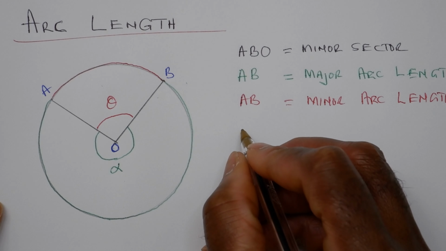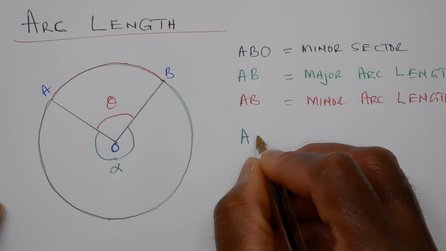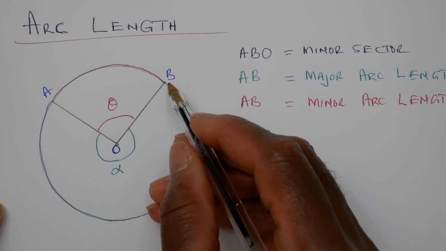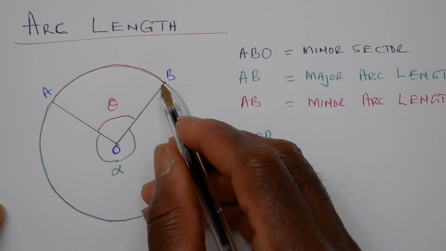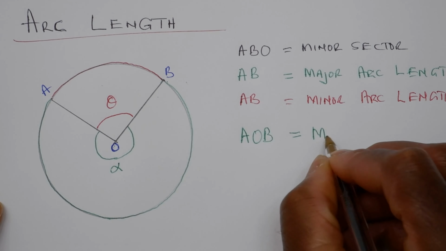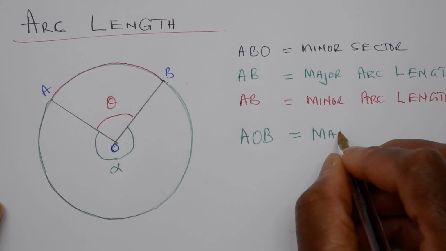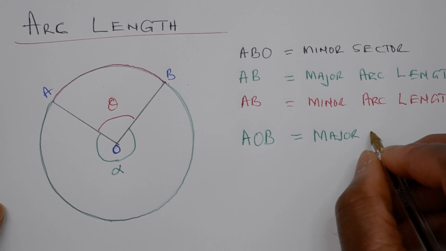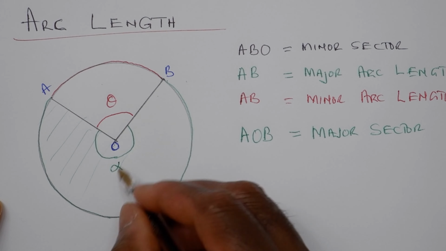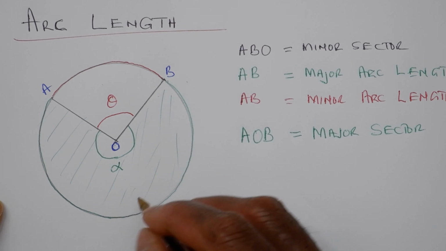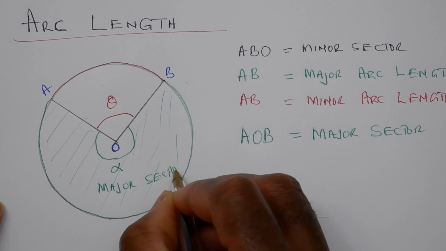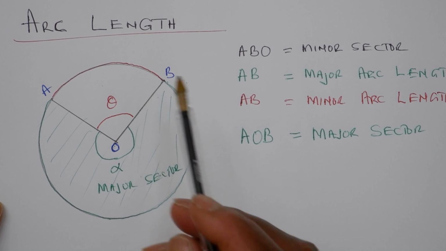The green part, A, O, B, is the major sector. And the red part will be the minor sector.